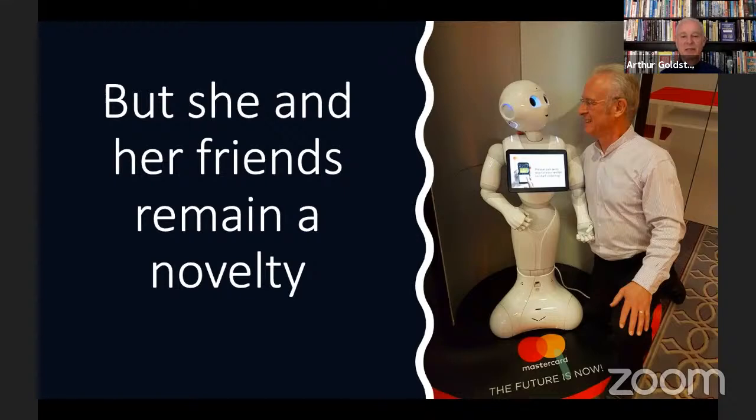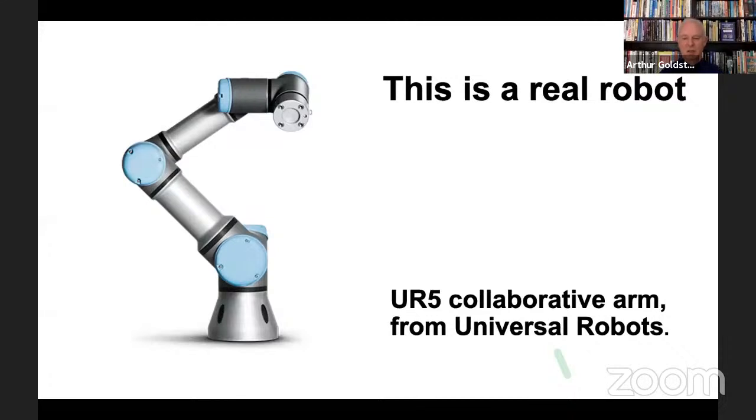And I was captivated. But unfortunately, the relationship never went beyond that. And when I met Pepper again, when she came to South Africa, courtesy of Nedbank, he didn't remember me. And that told me that this was not going to be a long-term relationship. So I was not surprised when Pepper decided to duck out of all relationships altogether. Because this is what a real robot looks like.